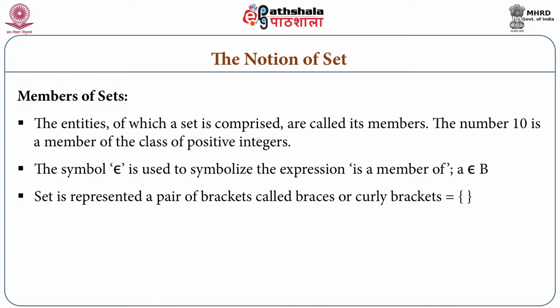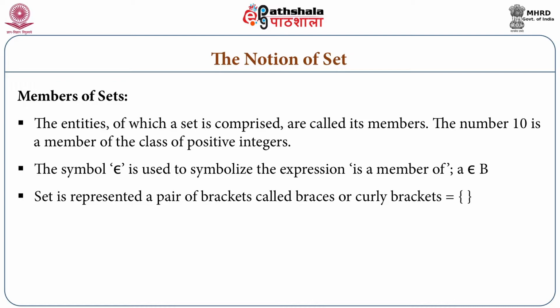Now to represent a set, we have a symbol, and the symbol is curly brackets, sometimes called braces. As far as membership goes, we have a symbol, a Greek symbol called epsilon. It is just like an E. Let us see on the board what E is.